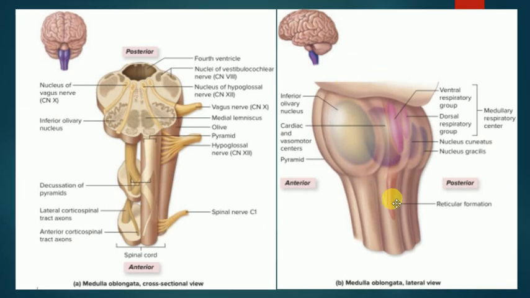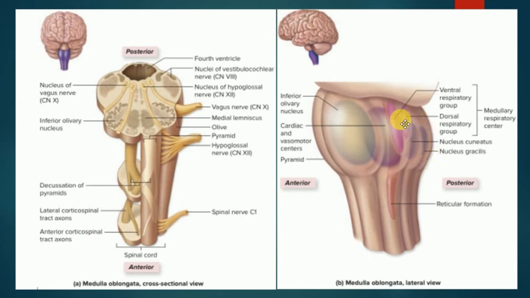Then look into lateral view. Here is the inferior olivary nucleus, cardiac and vasomotor centers here on lateral side, anterior side pyramid, ventral respiratory group here, dorsal respiratory group, cuneate nucleus and gracilis nucleus.